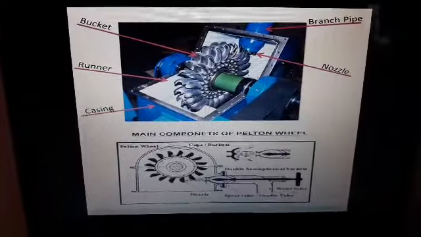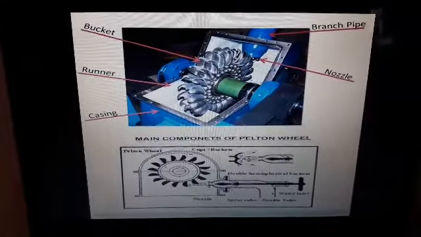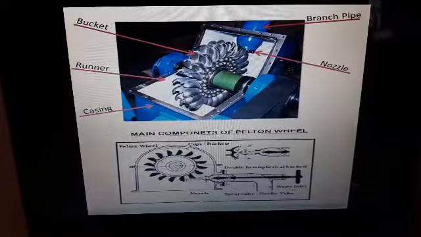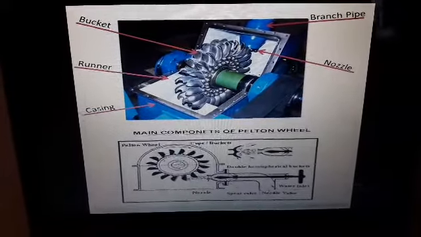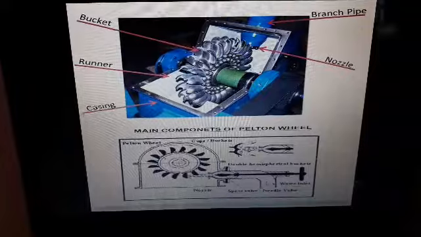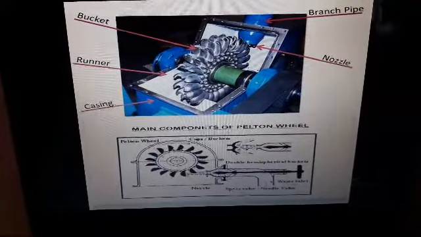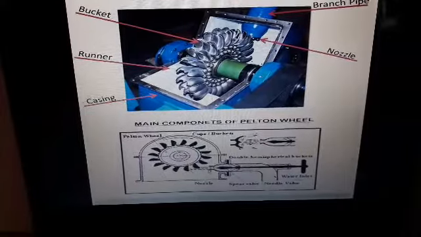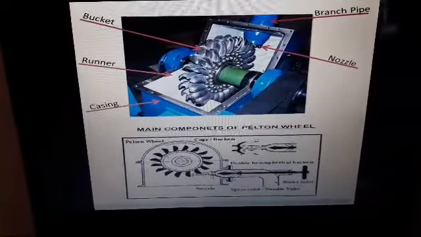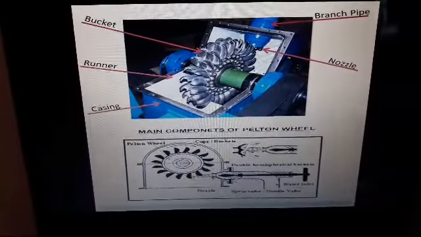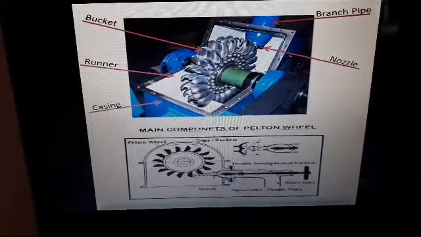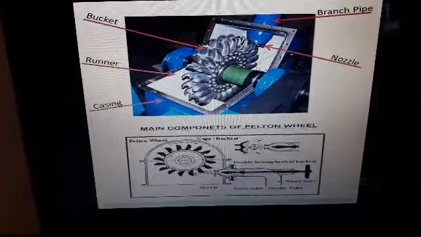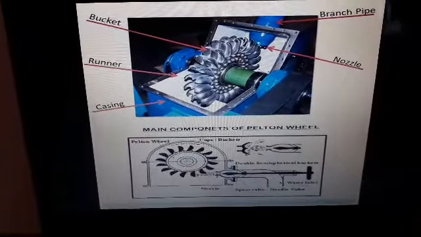As we can see in this diagram, this is a large diameter pipe which we call the penstock. At the end of this large diameter pipe, a nozzle is fitted, and the nozzle increases the kinetic energy of the flowing water. The needle type of attachment we call the spear.